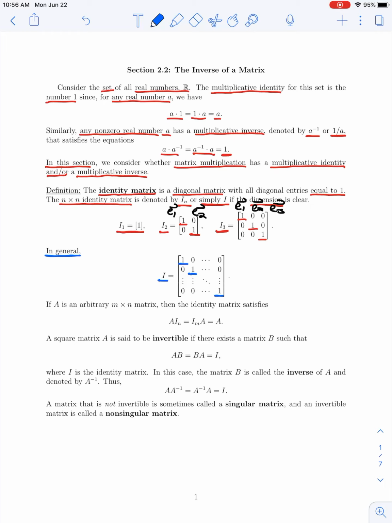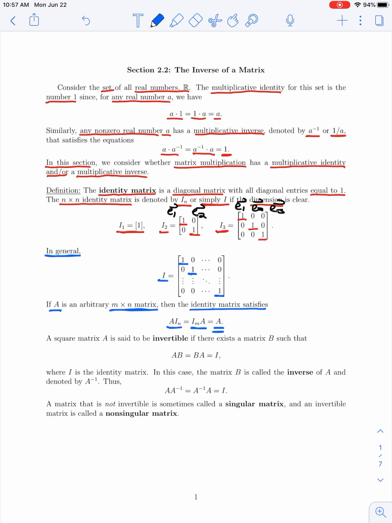Now, this identity matrix is the multiplicative identity for matrix multiplication. What we mean by that is if A is any arbitrary m by n matrix, so m rows by n columns, then the identity matrix satisfies the following: A times the n by n identity matrix is equal to the m by m identity matrix times A, and they're both equal to A. That is, for any matrix A, it doesn't matter what order I take the product of A with the identity matrix, as long as the dimensions agree, I'm guaranteed to get back the same matrix A. So this identity matrix I acts like the real number 1 would for multiplication in the real number system.